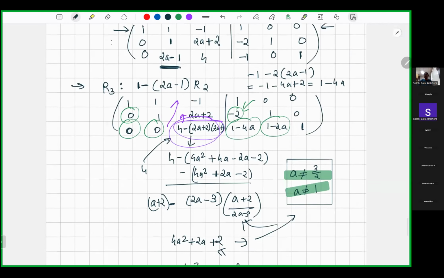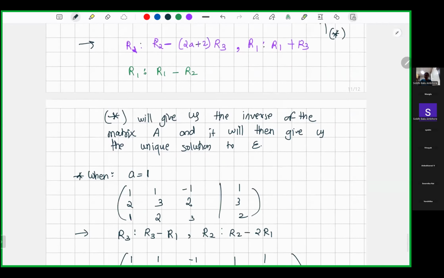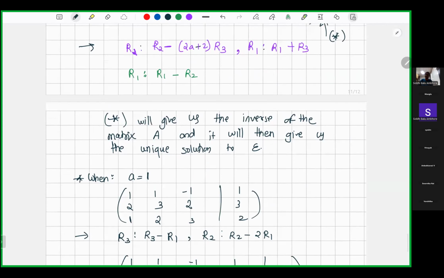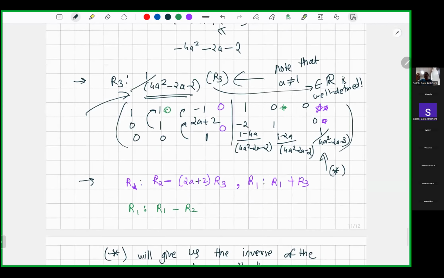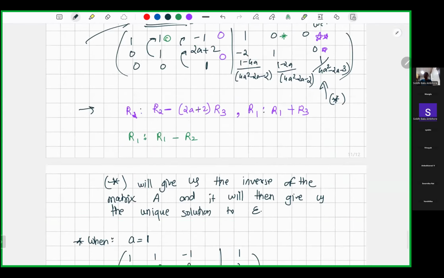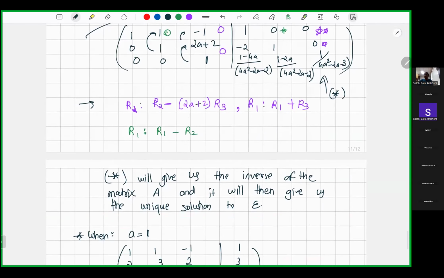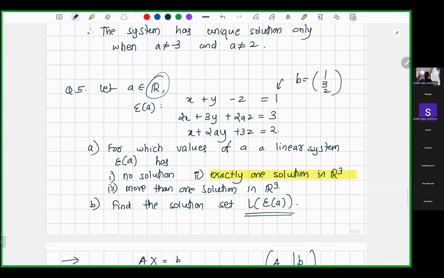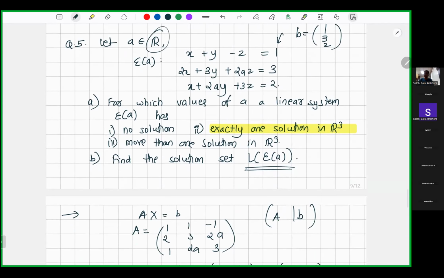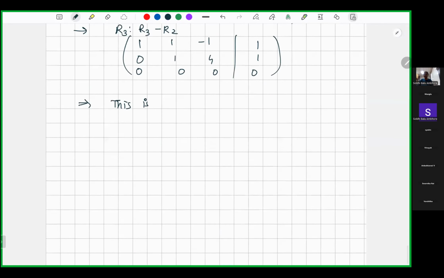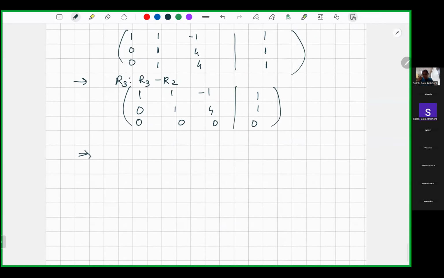The moment we found this A inverse, and we did not actually calculate it, but the process we were doing would have given us the inverse of matrix A, we would already be answering the question of exactly one solution, and that solution is A inverse B. And in that case, we got the answer. The more than one solution part is when A is equal to 1, which we are now actually obtaining the answer to.